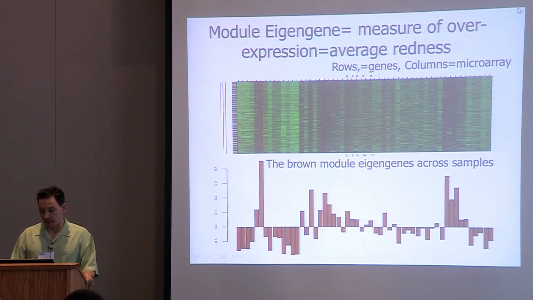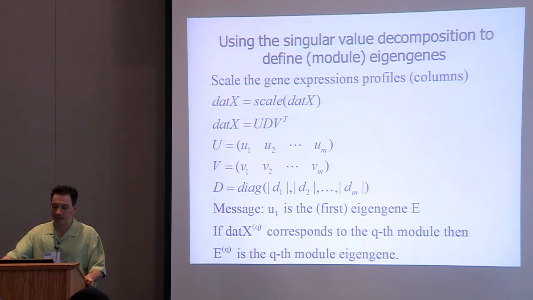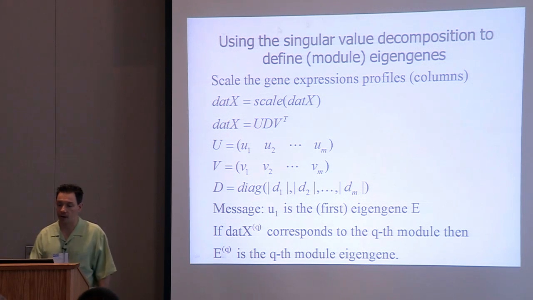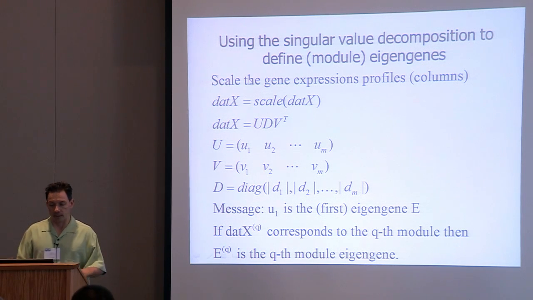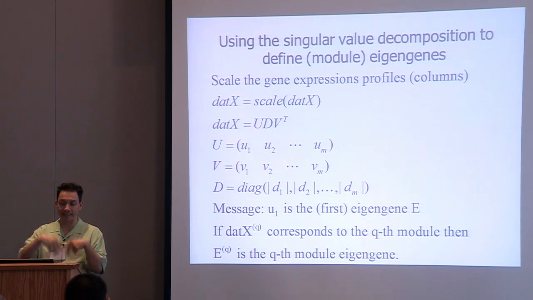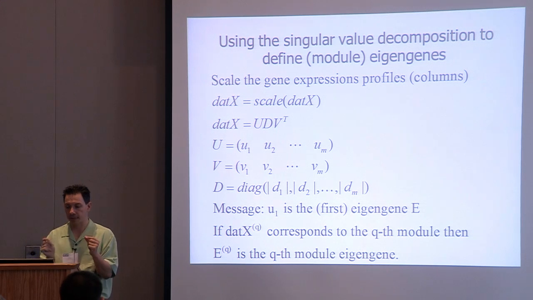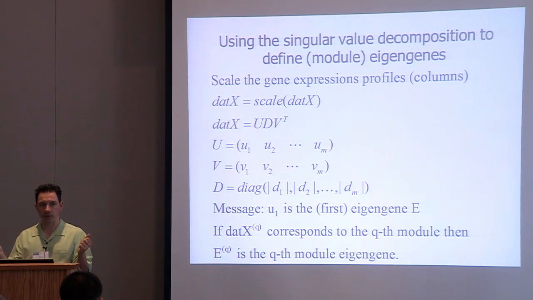All right. So for the experts, let me mention that the eigengene is defined using the singular value decomposition. And so what do we do? First, a critical step is to standardize or scale each gene in the module so that its mean value is 0 and the variance is 1.